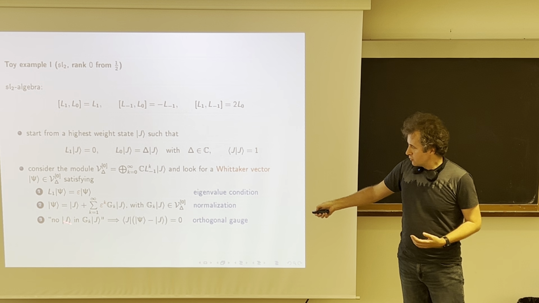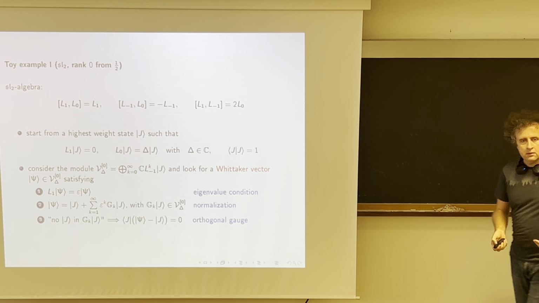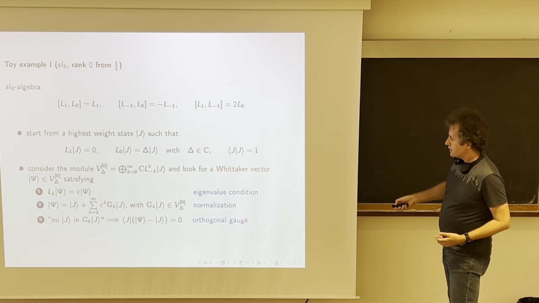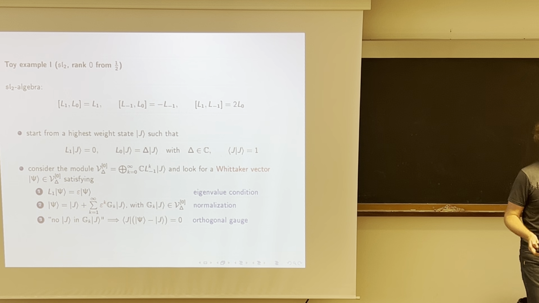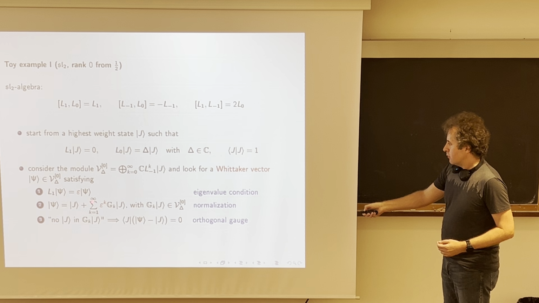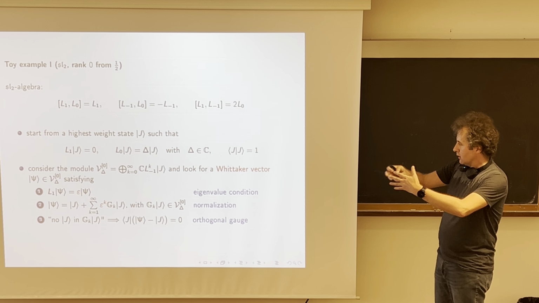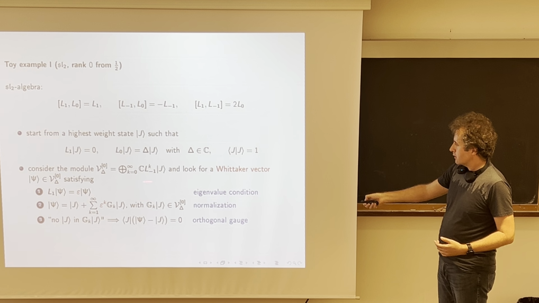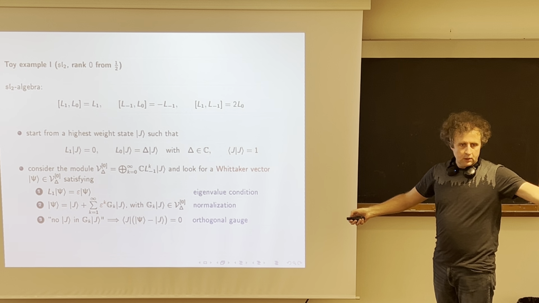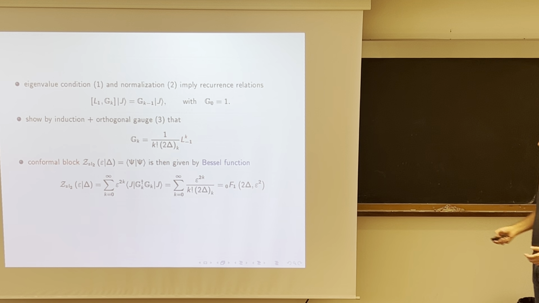So it's better to state this condition in this form, and I will refer to it as the orthogonal gauge. Once again, when you write this vector in this basis, you don't want the highest weight state to be there.